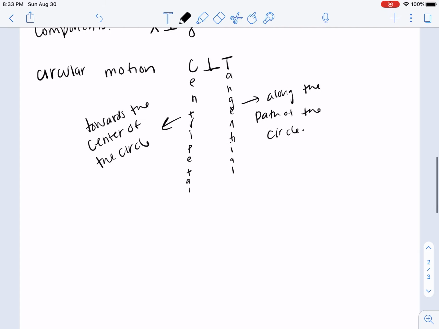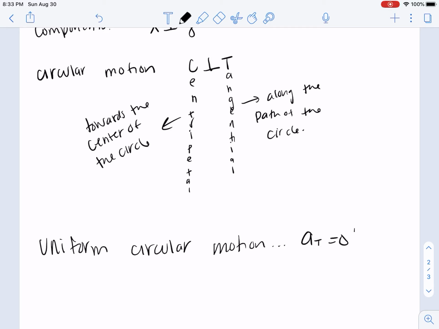Well, once again, in uniform circular motion, the tangential component of acceleration is 0. That is why our speed is not changing. But we know that there has to be some sort of centripetal acceleration in order to make the direction change, and that's what we looked at above.